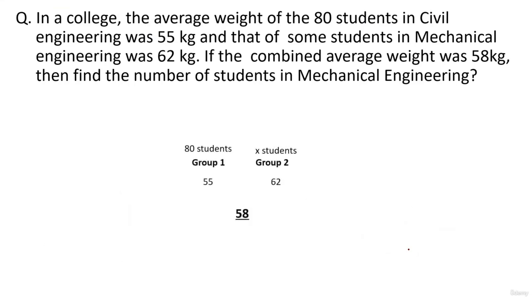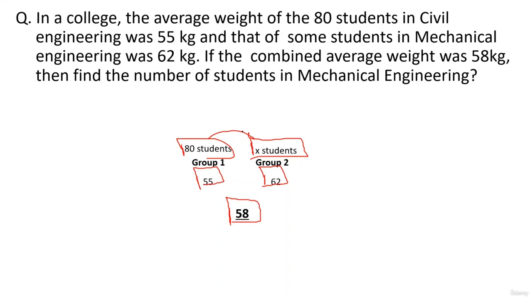Let's first understand when we apply the alligation rule. Whenever we are given the individual group values, like in the previous questions where 80 and 60 were given, and the individual group averages, then you directly apply the weighted average and calculate the answer. But if the weighted average is given along with the individual averages, and you have to find the quantity of one group or the ratio of quantities, always go for the rule of alligation.